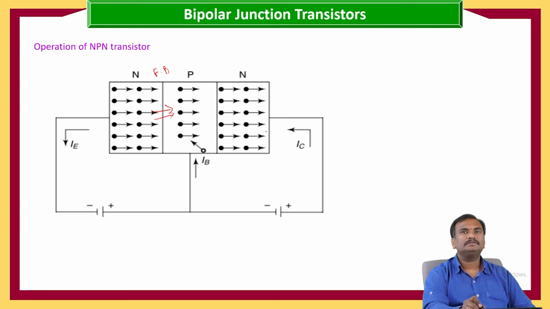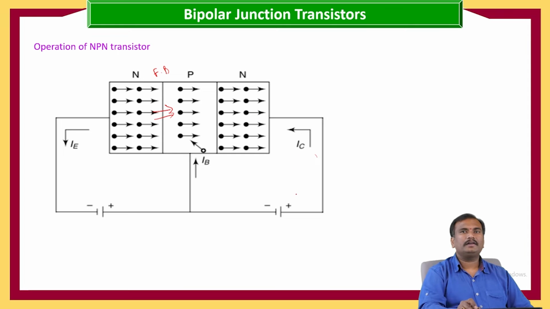And then after here, the collector is connected, positive is connected to the n type and negative is connected to the p type. So here this negative, in the p type, whatever the electrons which we are going to get, these electrons will move towards the collector, because this negative is going to repel the electrons in the p layer, and they will be moved towards the n type.